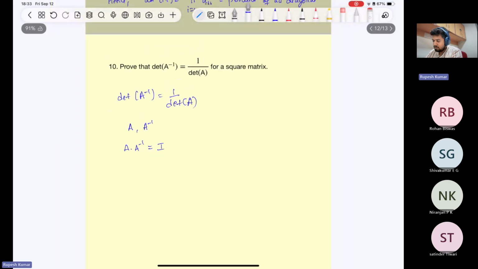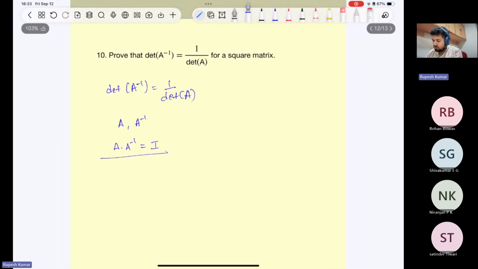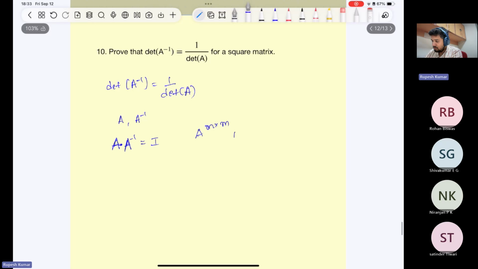This is the property of the inverse. Let's say A is an M cross M matrix, then you will have some A inverse that is M cross M. A times A inverse is equal to the identity, where I is an M cross M identity matrix.